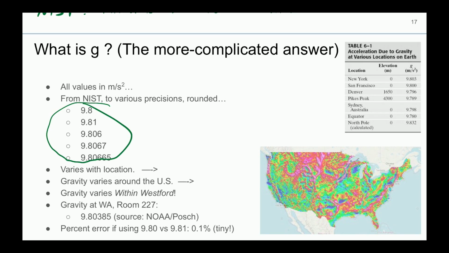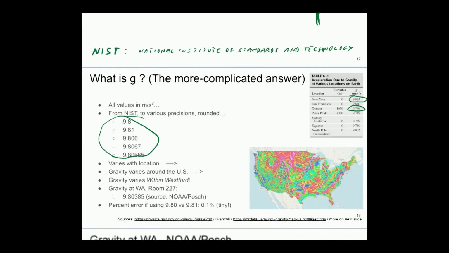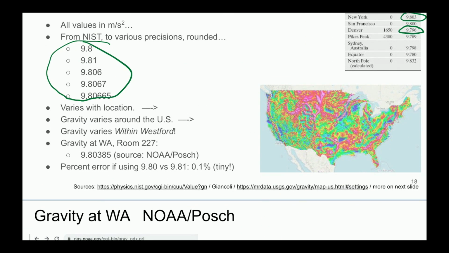That's just so that when I'm calculating, I get the same answer as my friend in California or Denver, because according to my John Coley physics textbook, gravity differs by quite a lot. If I'm in Denver, 9.796. New York, 9.803. Even in Westford, Massachusetts, the gravity is 9.80385 if you need it to all those significant figures.